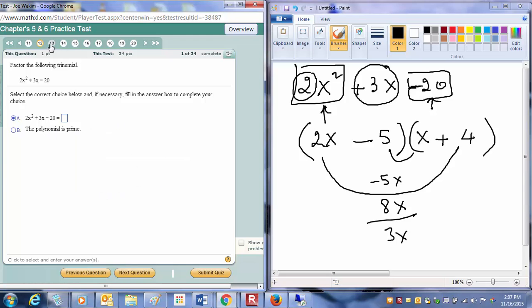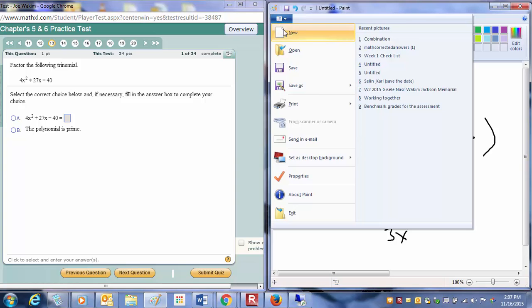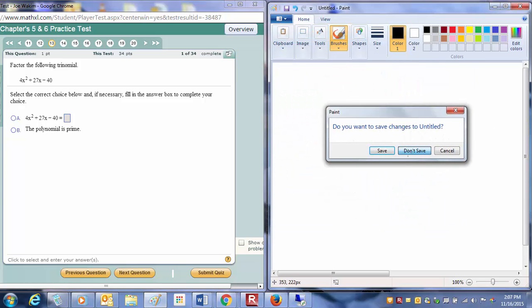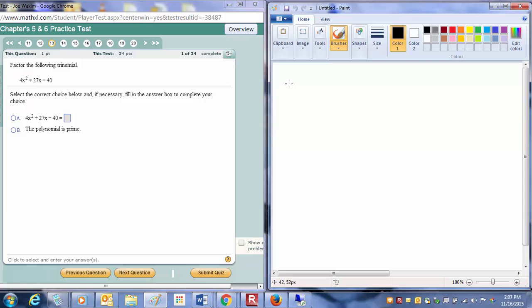Okay, let's go to the next question. Okay, we have to factor another one here. Do the same method we did. So we have 4x squared plus 27x minus 40. Notice there is no common factor. 27 is 3 times 3 times 3. 4 is 2 times 2.